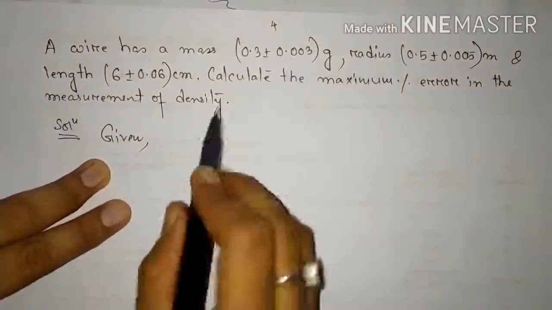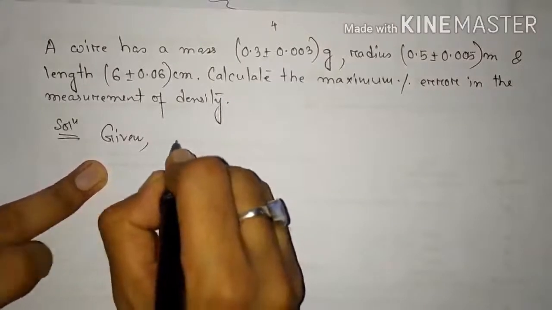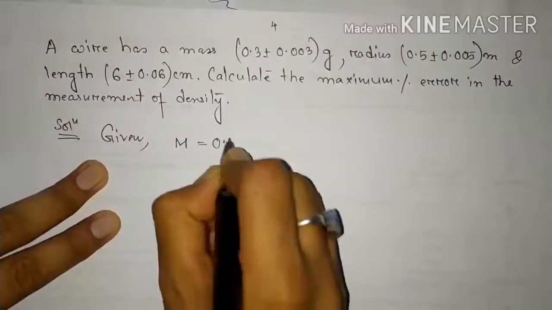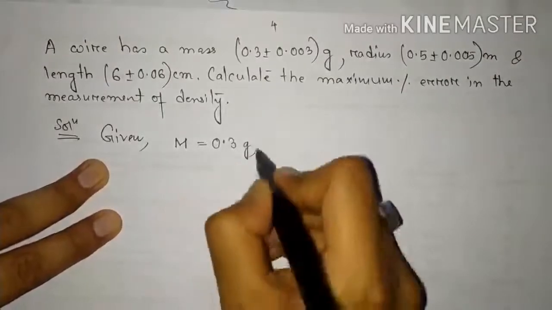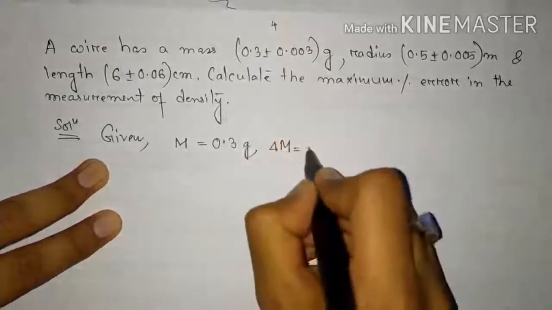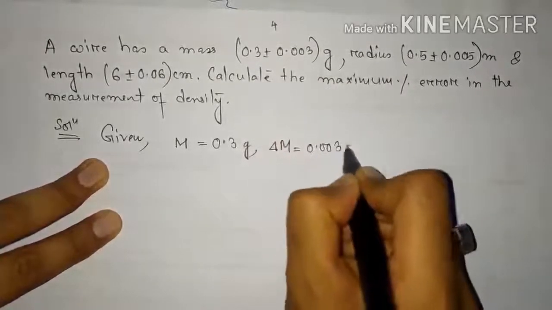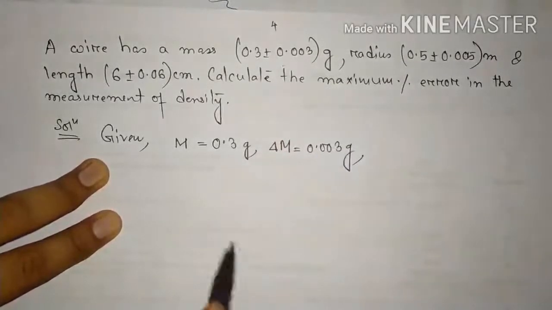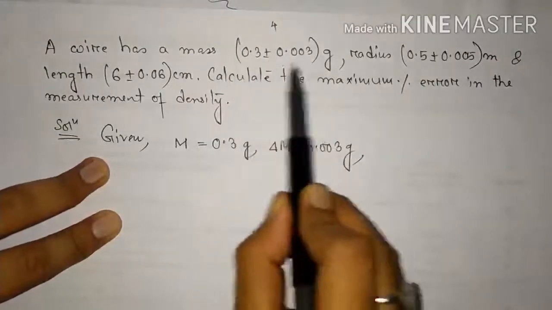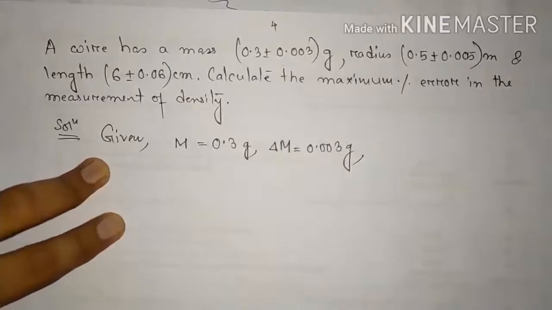That means if I represent mass by m, then m is nothing but 0.3 gram and delta m is nothing but 0.003 gram, because the true value is measured value plus minus error. This is how the result is being expressed here.